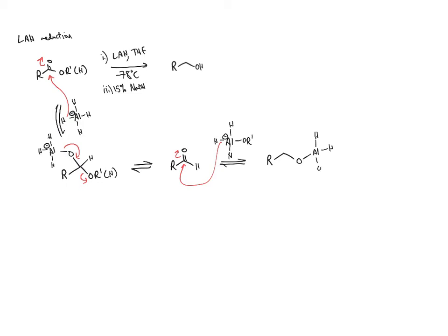So we still have two hydrides attached. And then, of course, we react it with 15% sodium hydroxide to give us the protonation. So this gives us the alcohol. All right, so the bottom line here is that it's two successive irreversible carbonyl substitutions.